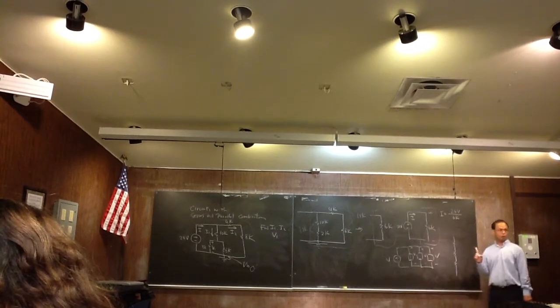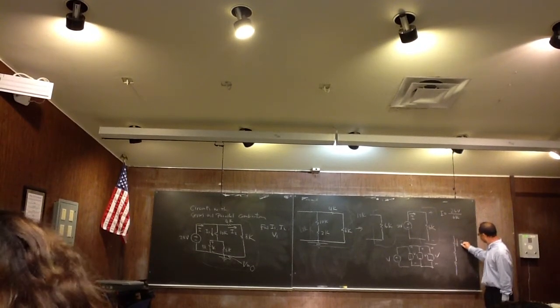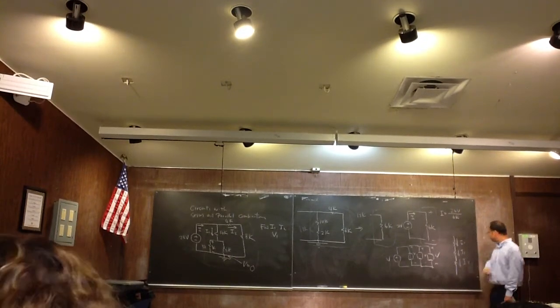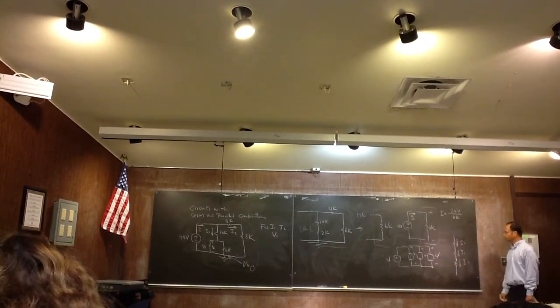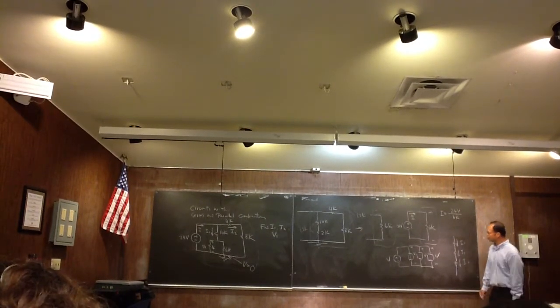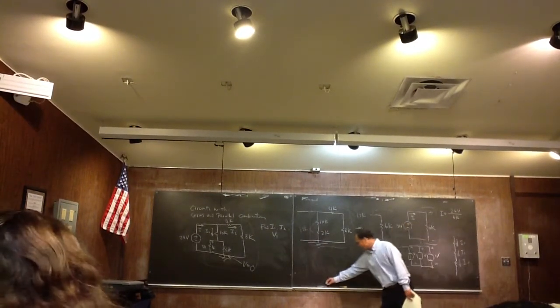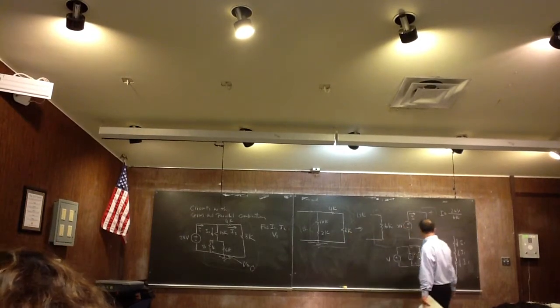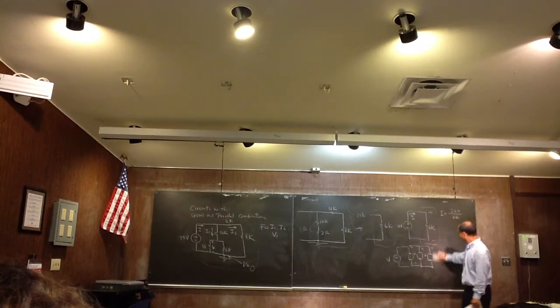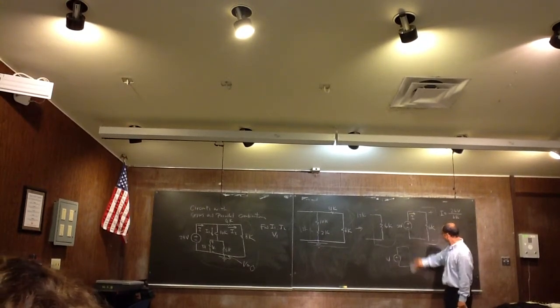Current. This time the current will be the same. The current going through the series combination will be the same. Now, this is fairly obvious, so I'm not really emphasizing it. We're making circuits every day.